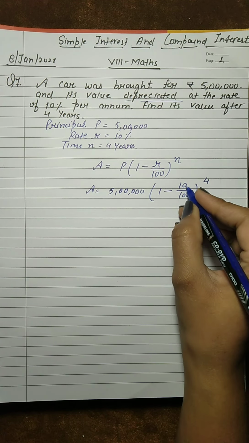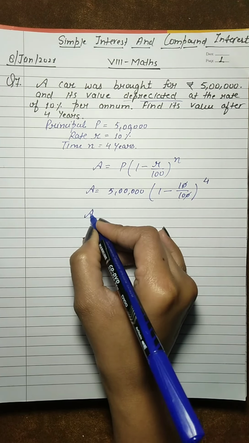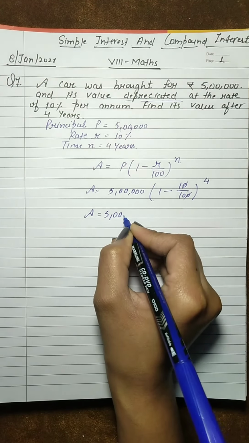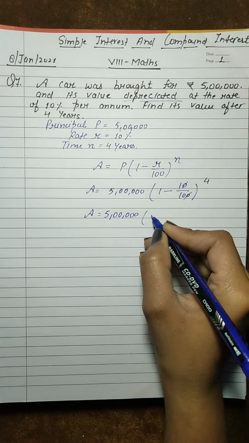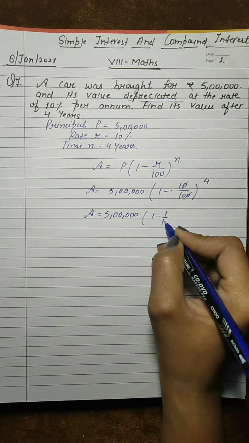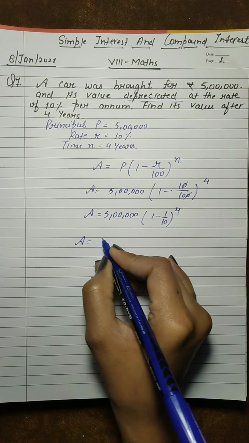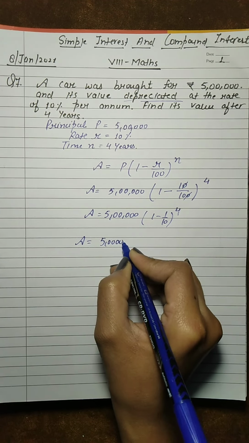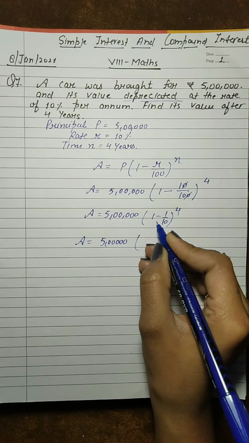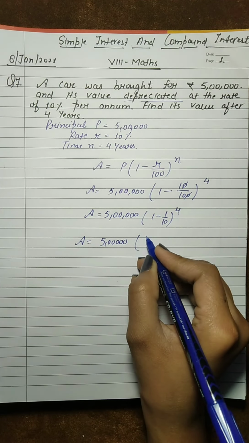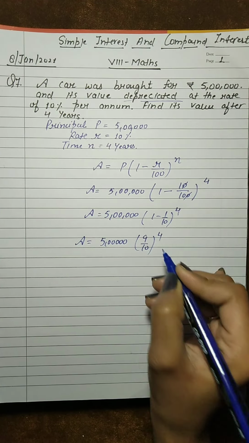Now this 0 cancels by this 0, so we have amount is equal to 5 lakh into (1 minus 1 upon 10) raised to the power 4. That is 10 into 1, that is 10 minus 1, that is 9 upon 10 raised to the power 4.